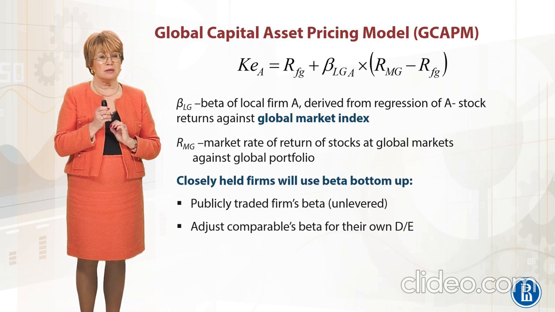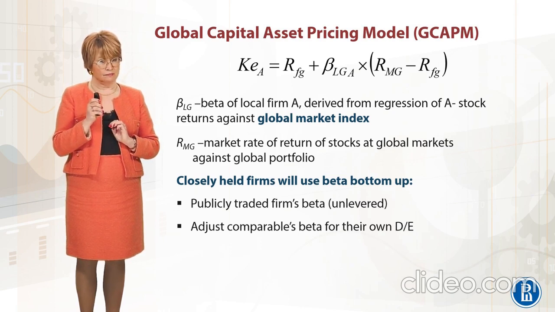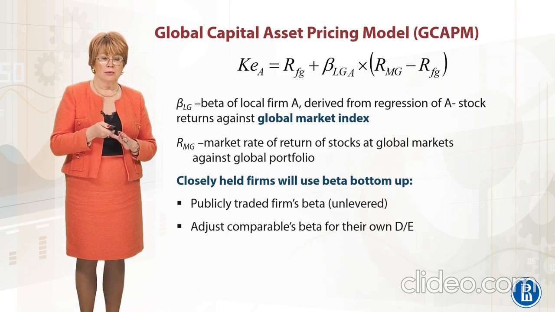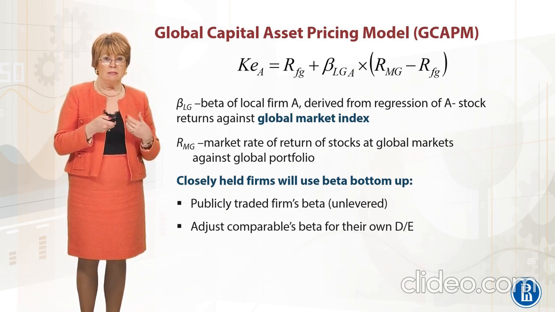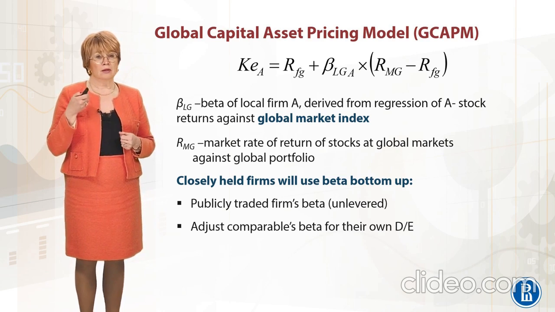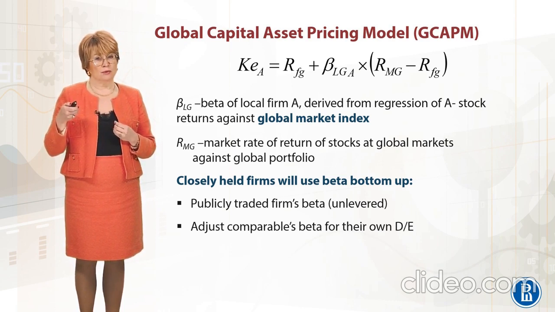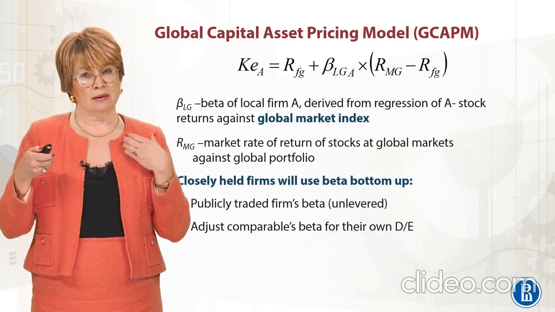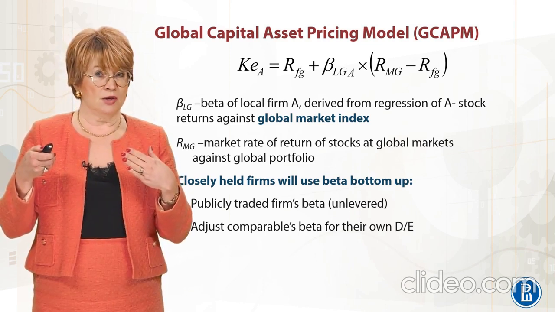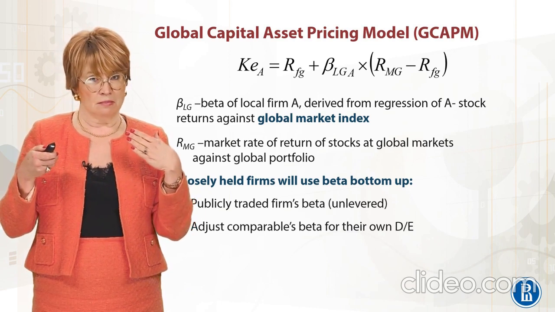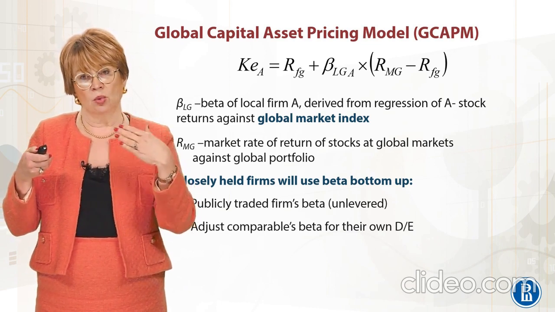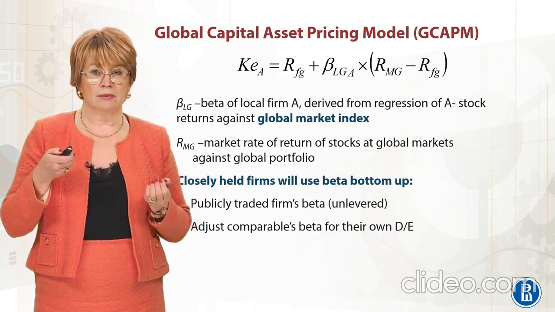The difference between the rate of return on the risky portfolio of stock at the global markets, represented by R with the symbols MG, global market, in excess of the risk-free rate from the global market, or so-called representative benchmark developed capital market. In most cases, it would be the US market and the treasury bond of the US government.